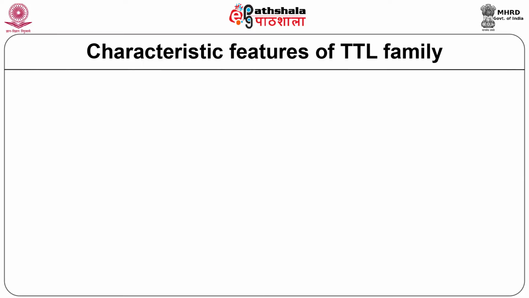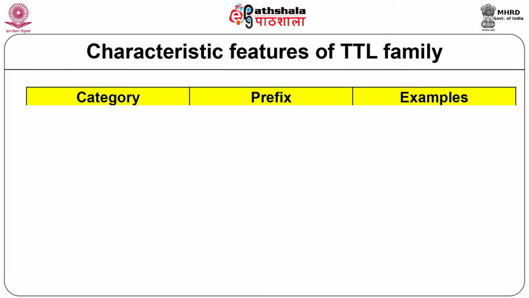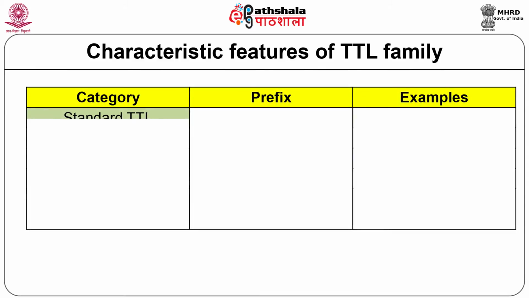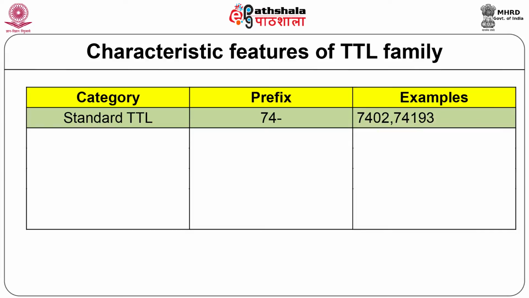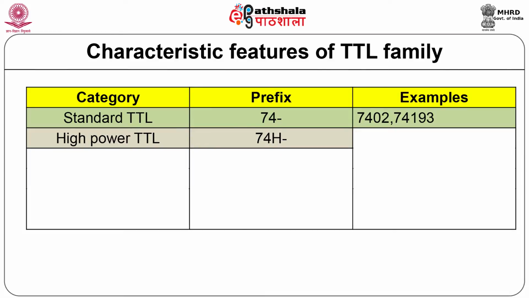Let us see some examples of these TTL logic subfamilies. Standard TTL is identified by the series 74. Some examples are 7402, 74193, etc. High power TTL, its prefix is 74H.